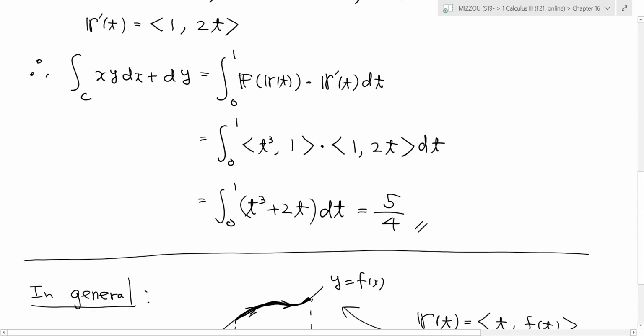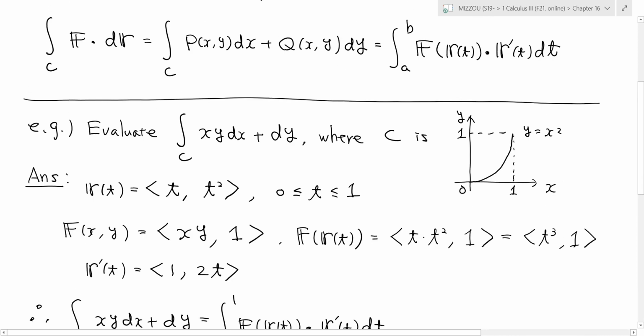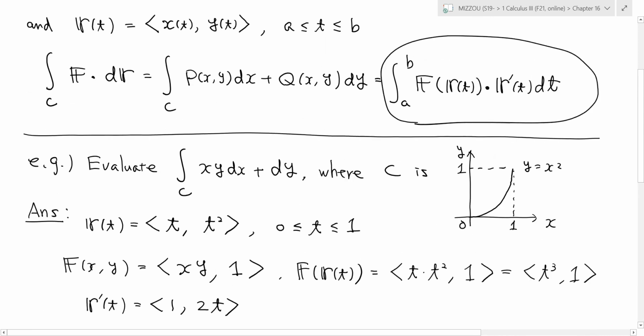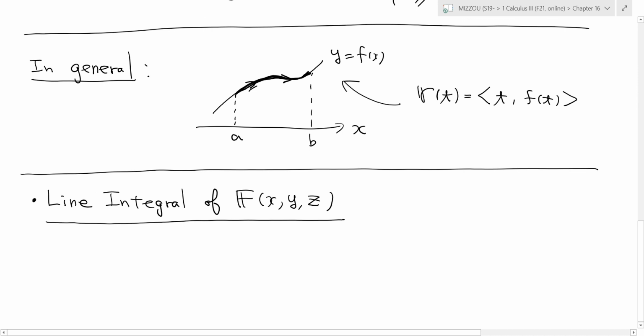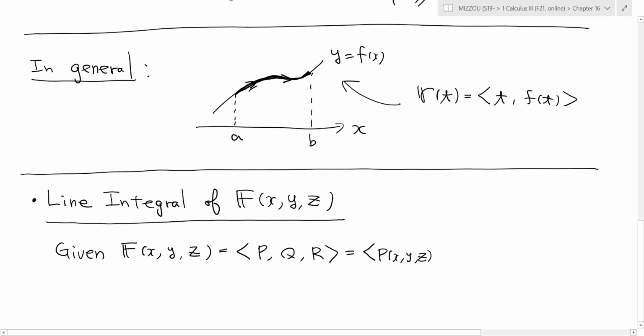It is essentially the same, because this formula can be generalized to R3 with three variables, namely like this. Given F of x, y, z equals (P, Q, R), we have three components, but those P, Q, R are functions of x, y, z. So strictly speaking, it's written like this.